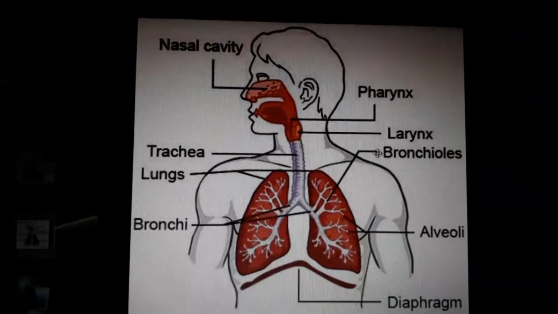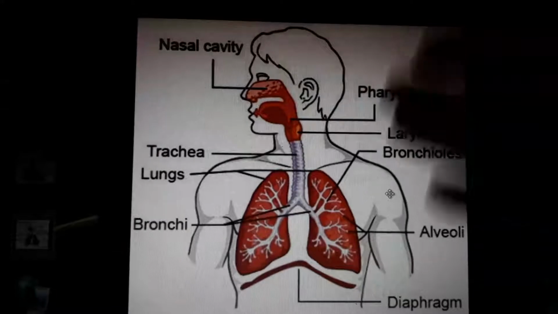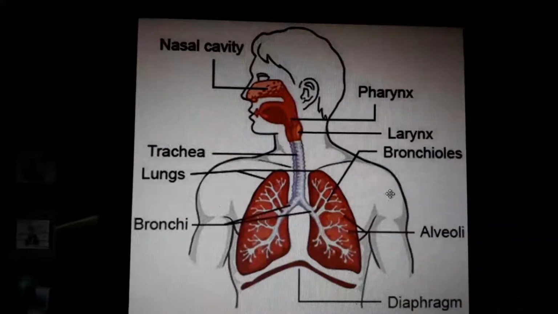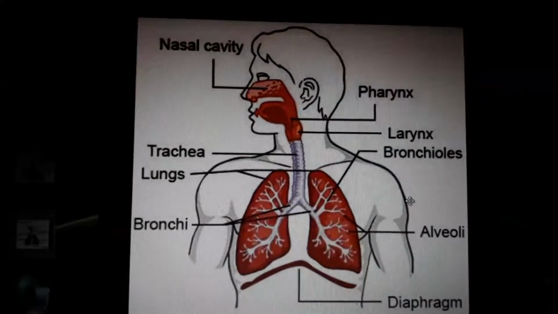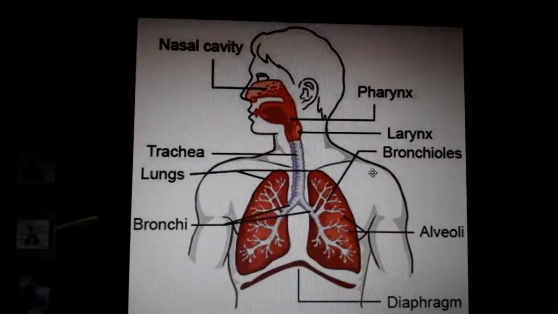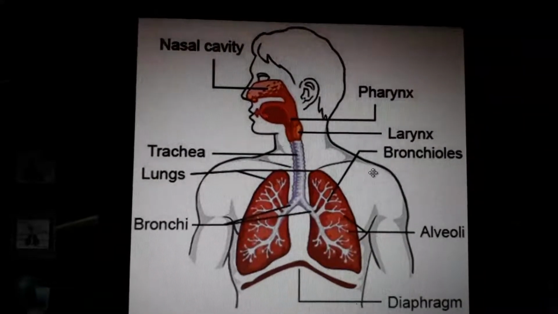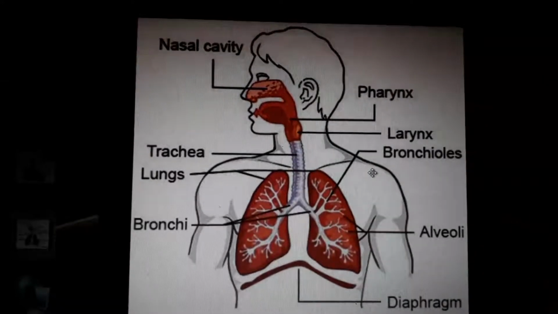Understood? If we take a deep scan of our body, we can see the internal respiratory organs, which are this much. So what all things do we have? Here we have the nasal cavity, especially the hole at the tip of our nose, and it goes inside.